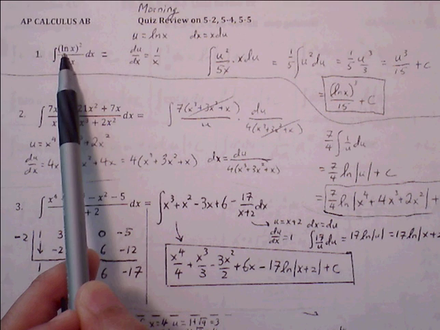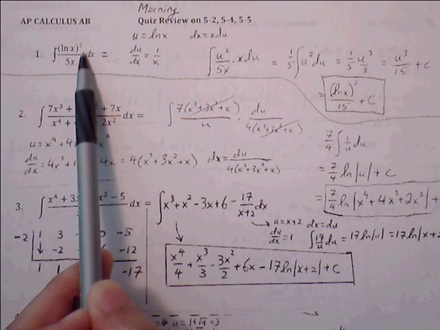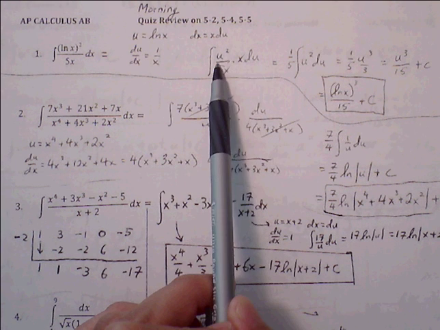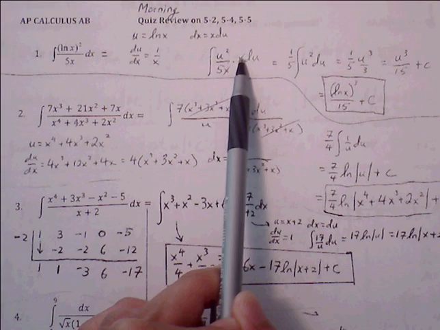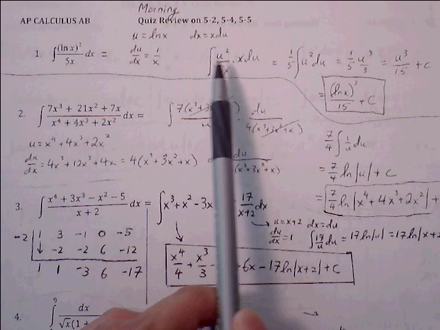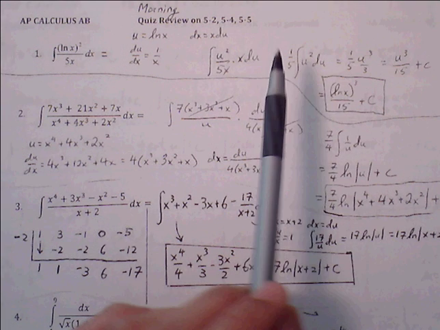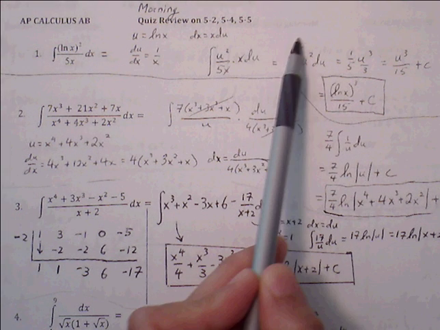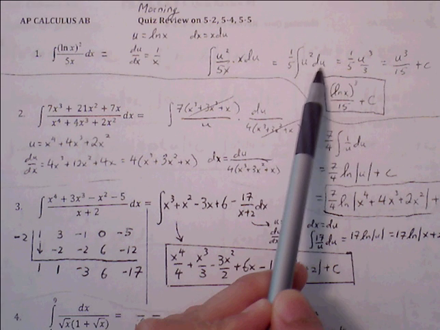So now I'm going to replace natural log of x with u, replace dx with x du, and once I do that, I get integral of u squared over 5x times x du. Notice the x's cancel out conveniently, and that leaves us with a problem that's a lot easier to solve. We now have 1/5 integral of u squared du.